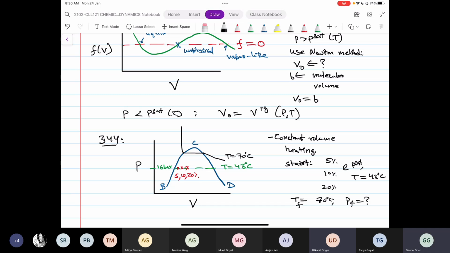So what are the solutions on the graph? What should I do on this graph to get the solutions?